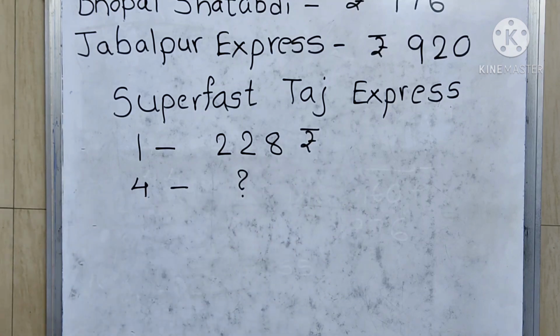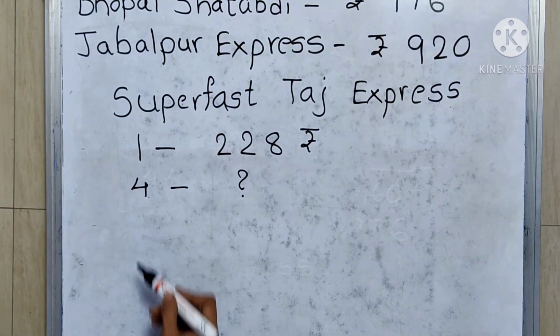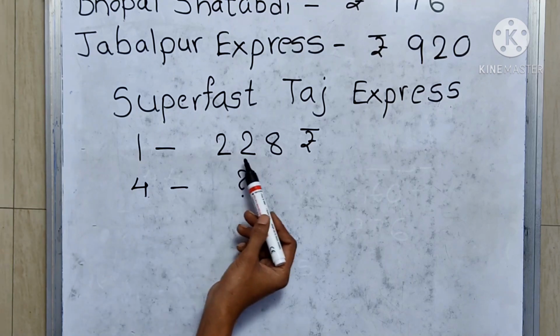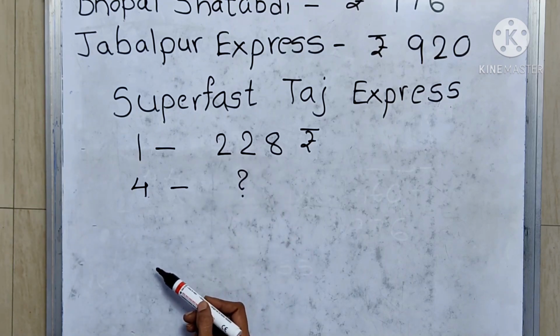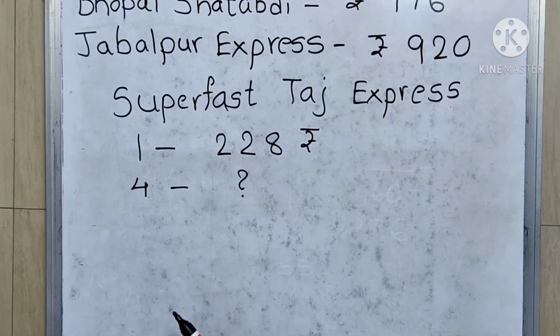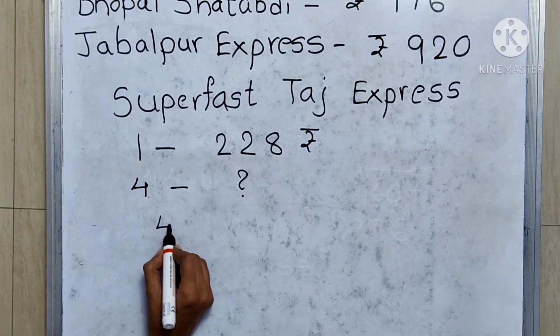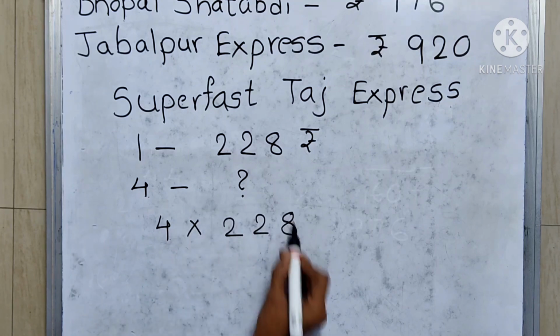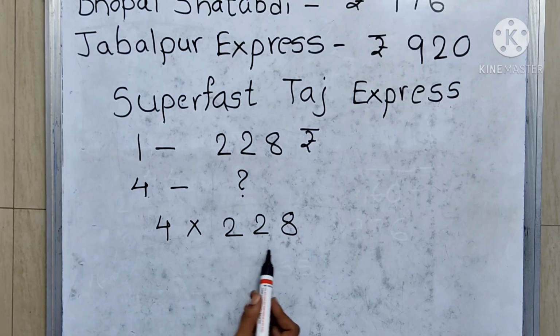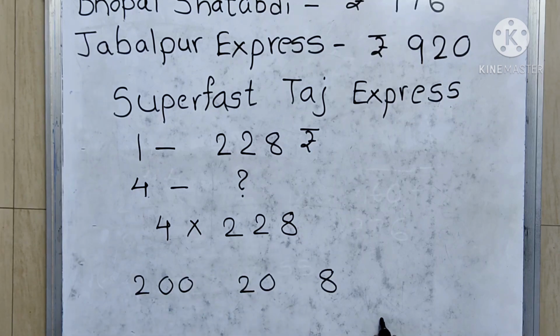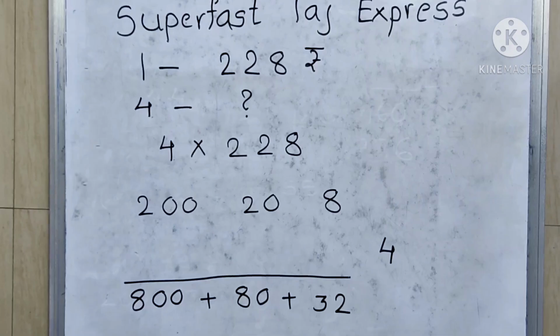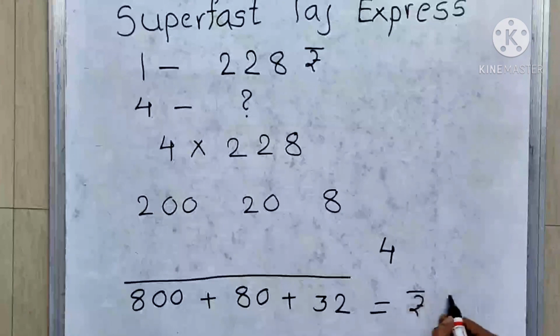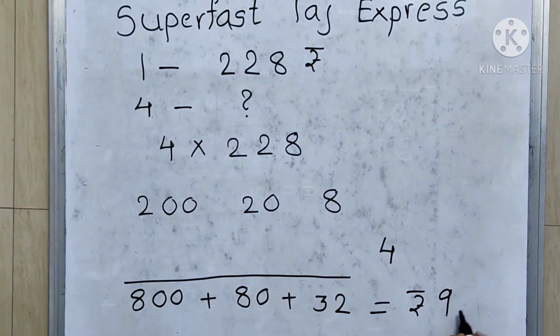You can use the repeated addition method, add this 228 4 times, or you can use here the box multiplication method. 4 multiplied by 228. Break down this 228 into hundreds, tens and ones. Multiply this by 4. So the answer is rupees 912.